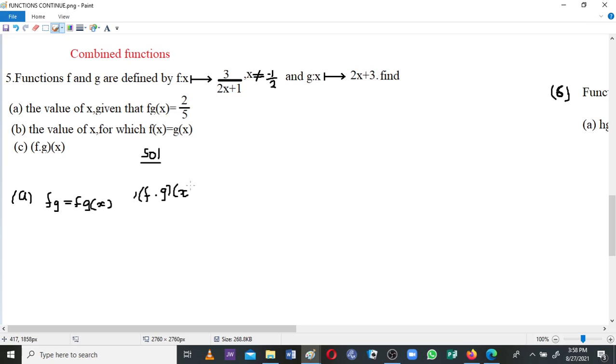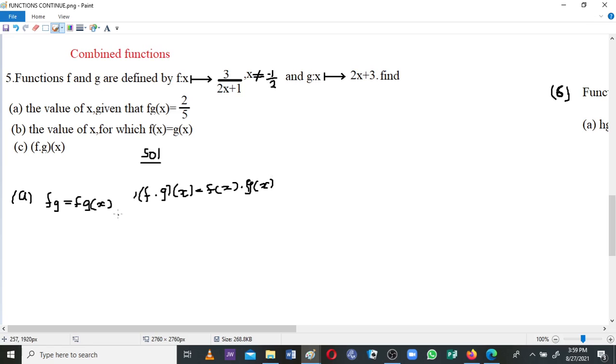Now this is how we denote a multiplication of functions. Multiplication of functions can also be denoted by fx, then gx. So this is how you denote multiplication of two or more functions.